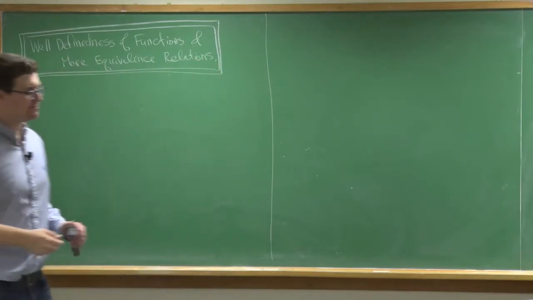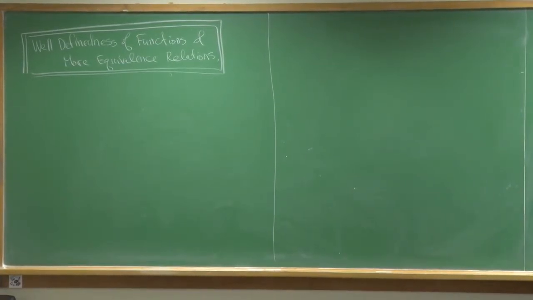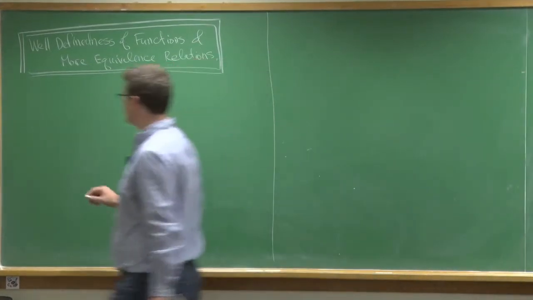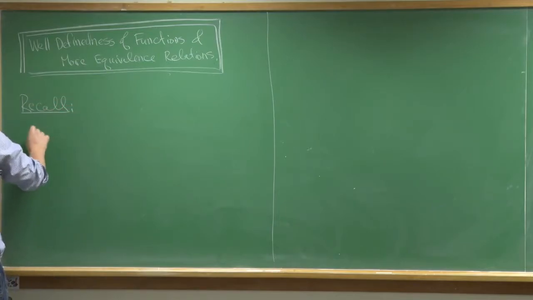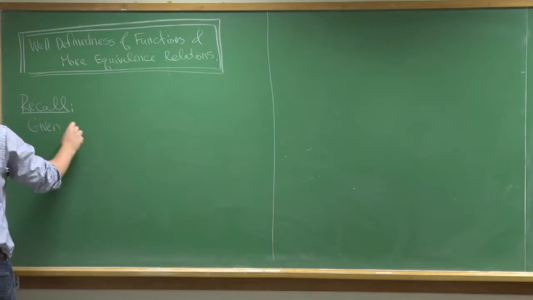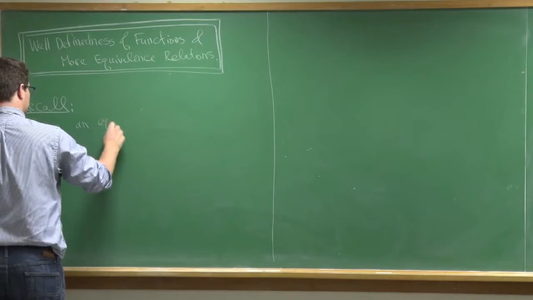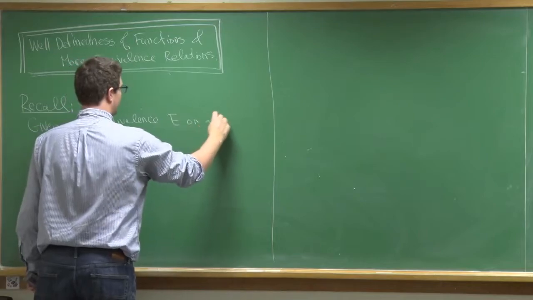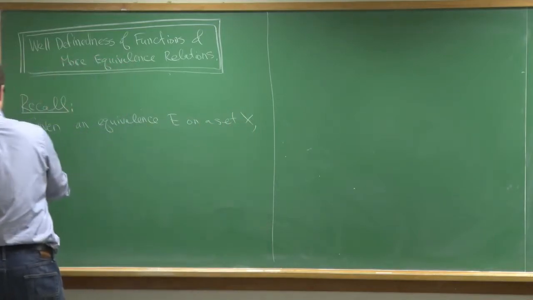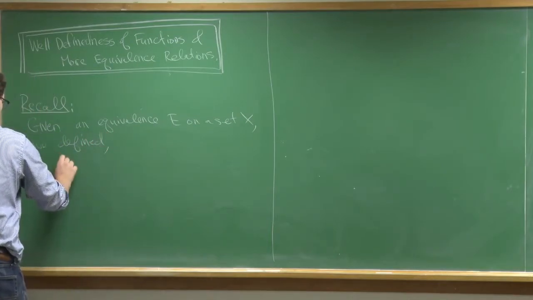Okay, so last time we talked about equivalence relations and quotients. So recall, given an equivalence relation E on a set X, we defined the following things.